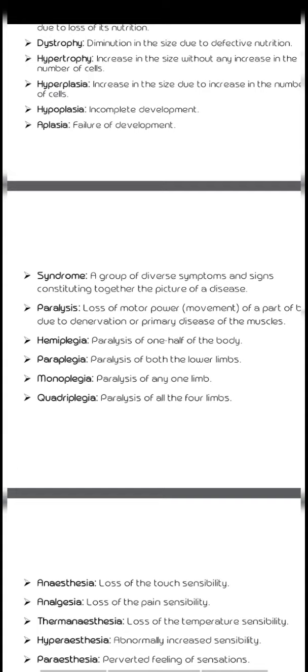A syndrome is a group of diverse symptoms and signs constituting together the picture of a disease. For example, in acquired immunodeficiency syndrome, AIDS, there is a decreased number of T lymphocytes, due to which the patient contracts multiple infections.